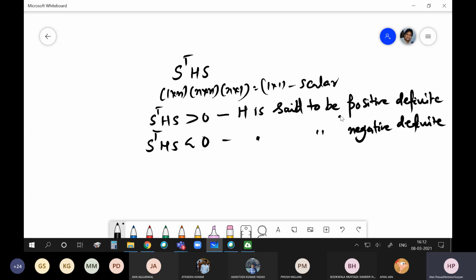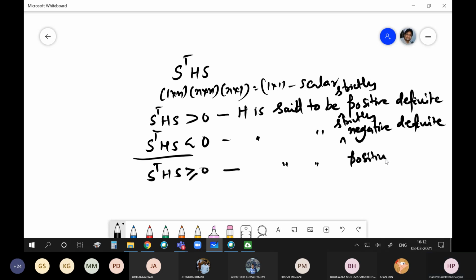This is what is said to be strictly positive definite, and this is strictly negative definite. We also have S transpose H S greater than or equal to 0, which is said to be just positive definite. If S transpose H S is less than or equal to 0, we have negative definite.